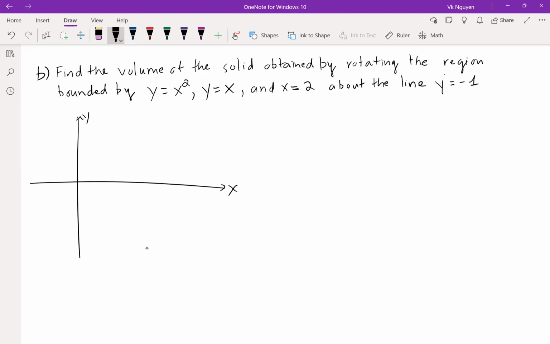So we have y equals x squared, y equals x, and then x equals 2.